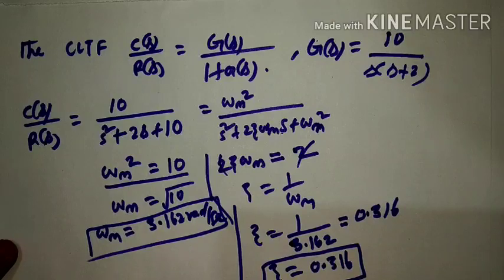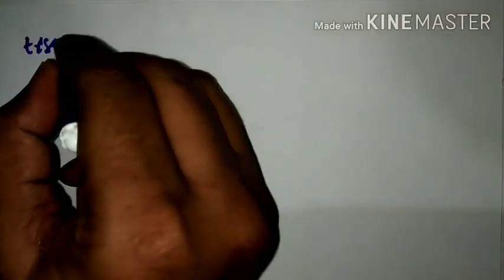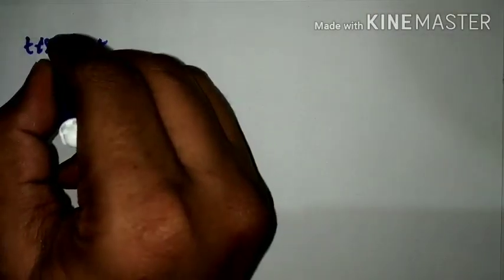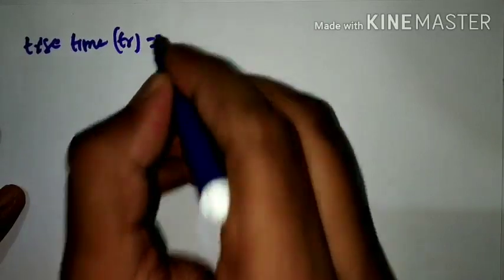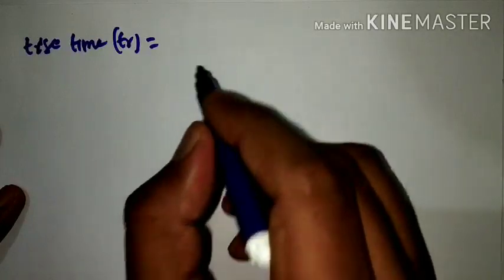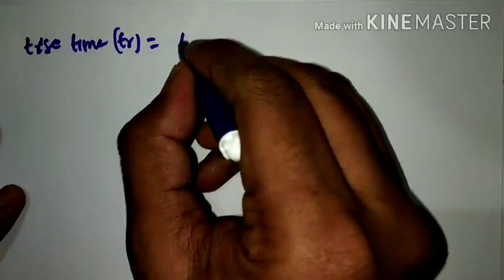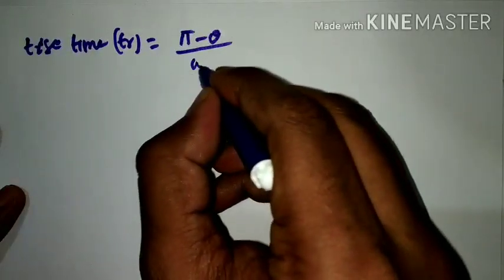Now, from this equation, what is the rise time? I have to find the rise time TR first. The rise time equation is TR is equal to pi minus theta by omega d.